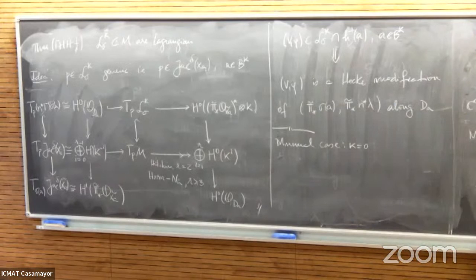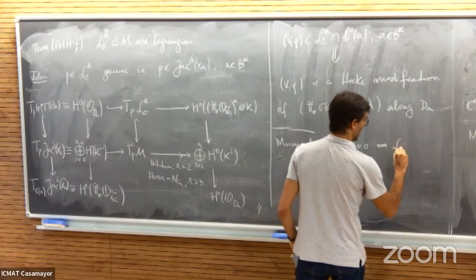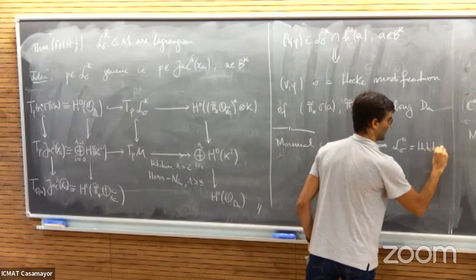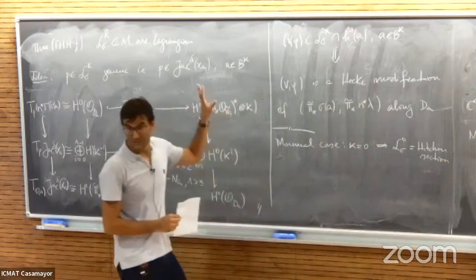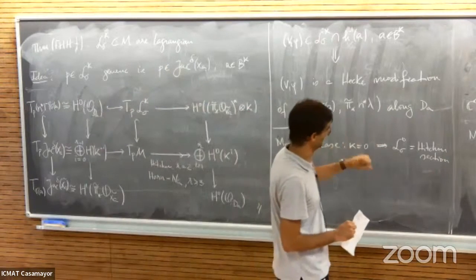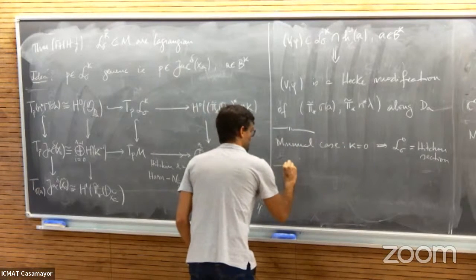So there's basically nothing. And so in this case, actually L_sigma_0 is the Hitchin section. So somehow these Lagrangians generalize the Hitchin section.